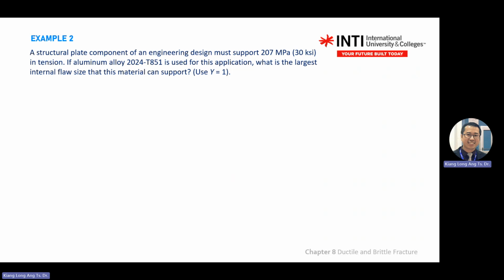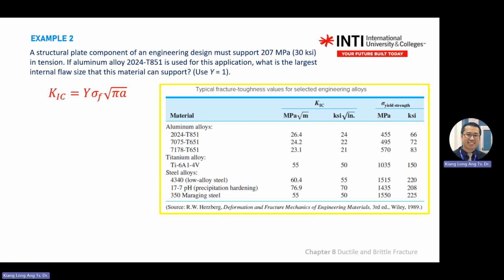Okay, so if this question does not state Y equals 1, you need to assume Y equals 1, you get 1 mark. So write the equation: KIC equals Y sigma_f square root pi A. This one you refer to this table. Aluminium 2014-T651, so KIC is 26.4 megapascal square root meter.